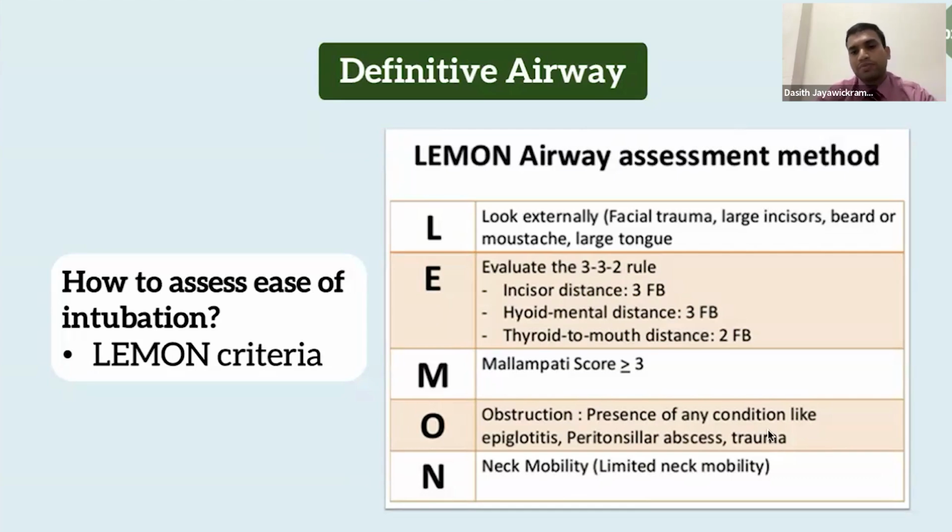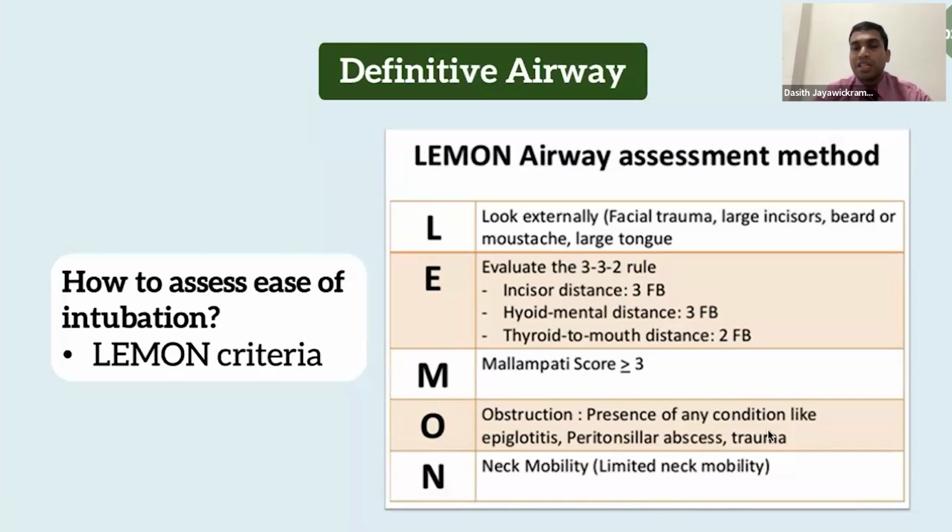Okay, what is LEMON? L is look externally. We look for indications that this will be a difficult intubation. For example, significant facial trauma. Basically, the face is deformed by trauma, and we expect there's trauma to the airway also, and it will be difficult for us to visualize the vocal cords.